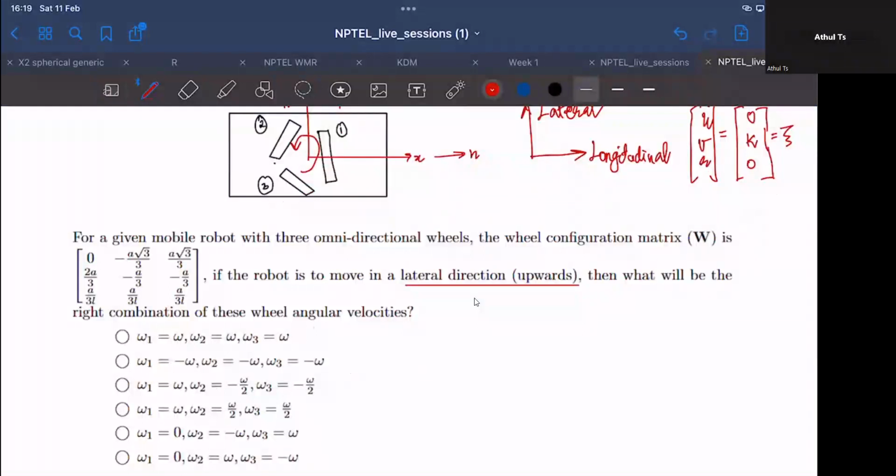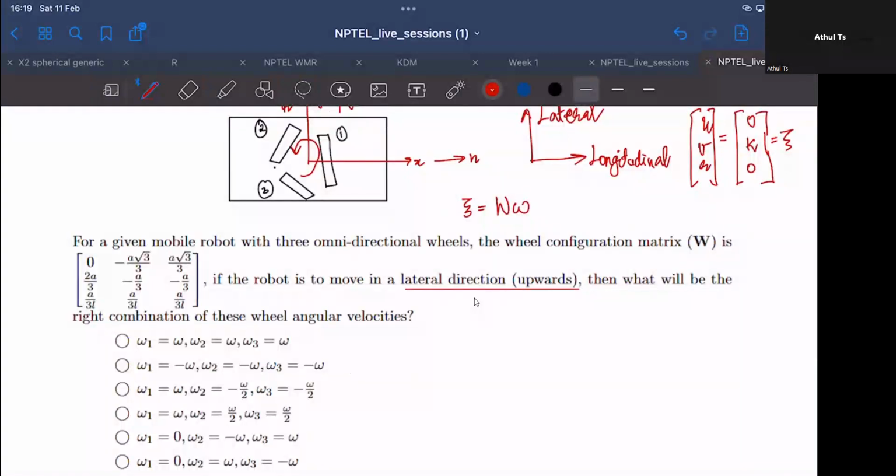Zeta is related to wheel angular velocities using the wheel configuration matrix W. So we have been given a wheel configuration matrix. I'll take this a by 3 term outside.